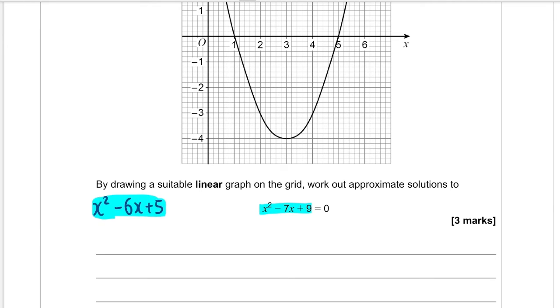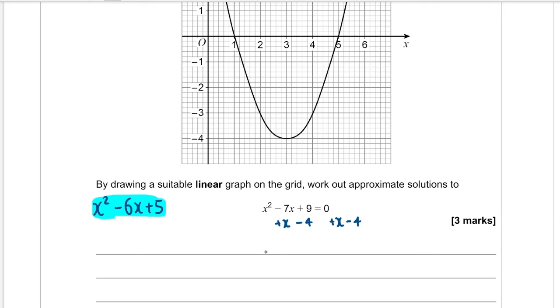Well, at the moment it's got minus 7x, so I could add an x right here, and that would give me minus 6x, and it has a 9 here, so I could subtract a 4, and that would give me 9 subtract 4 gives me 5. And of course, if I have an equation and I do something to one side, I must do it to the other side as well, so add an x and minus a 4.